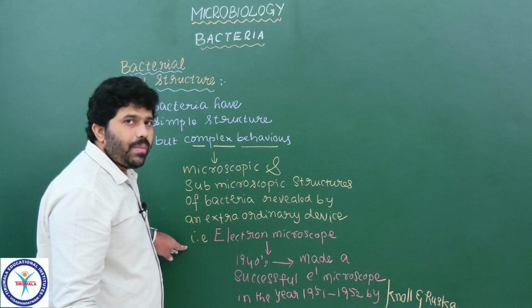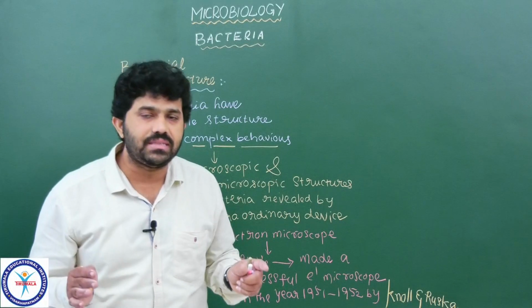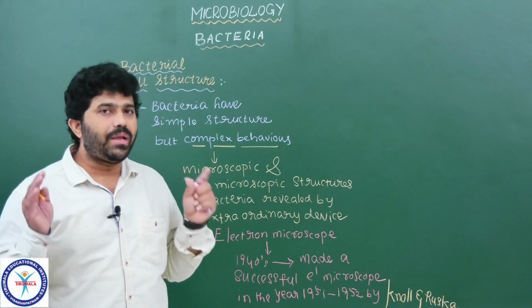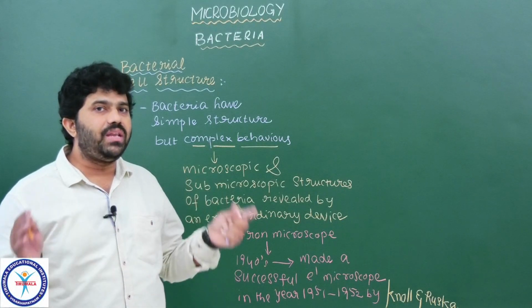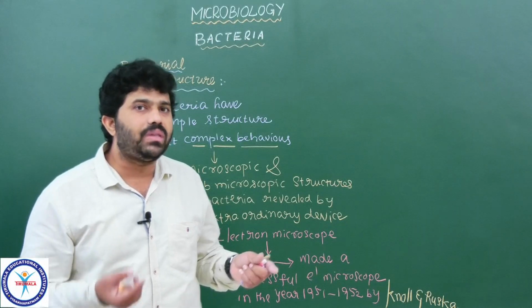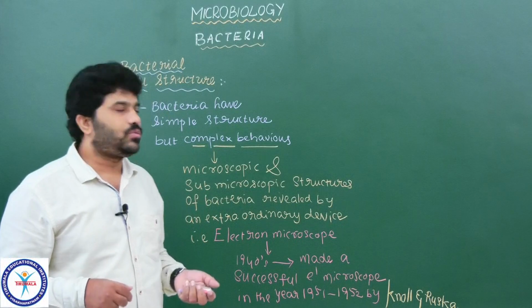The electron microscope magnifies microscopic cells or microorganisms thousands of times, and it is a very useful device to clearly give an idea about the internal components present in bacteria.